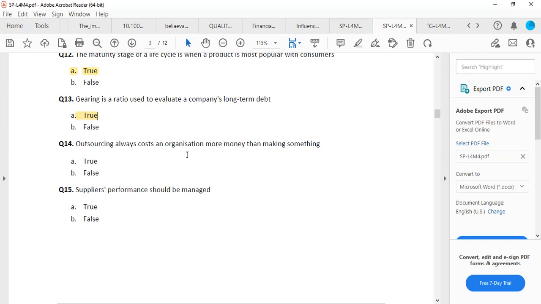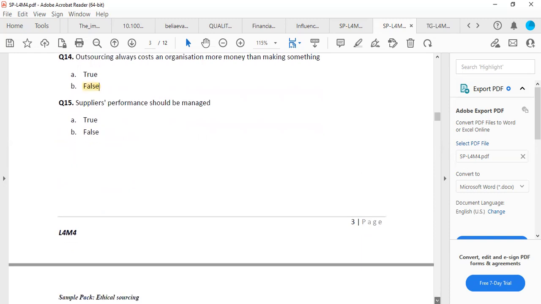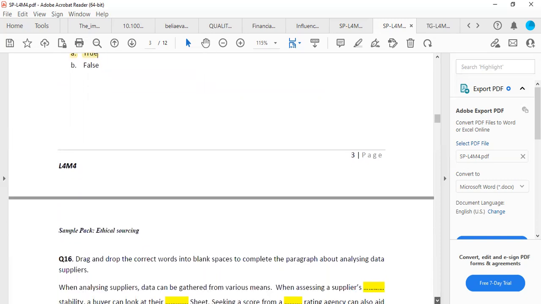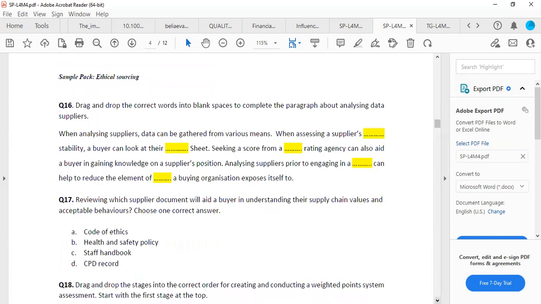Outsourcing always costs an organization more money than making something. True. Always? No, it's false. It's not always. You see, that's what beats us sometimes. Sometimes it is more expensive doing it in-house. So it's false. Suppliers' performance should be managed. True or false? True. Okay.